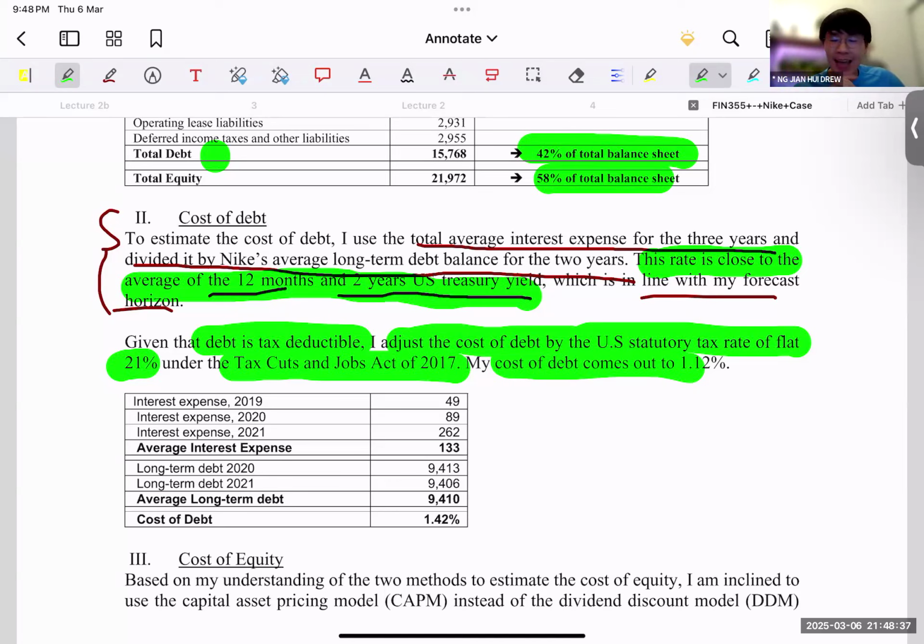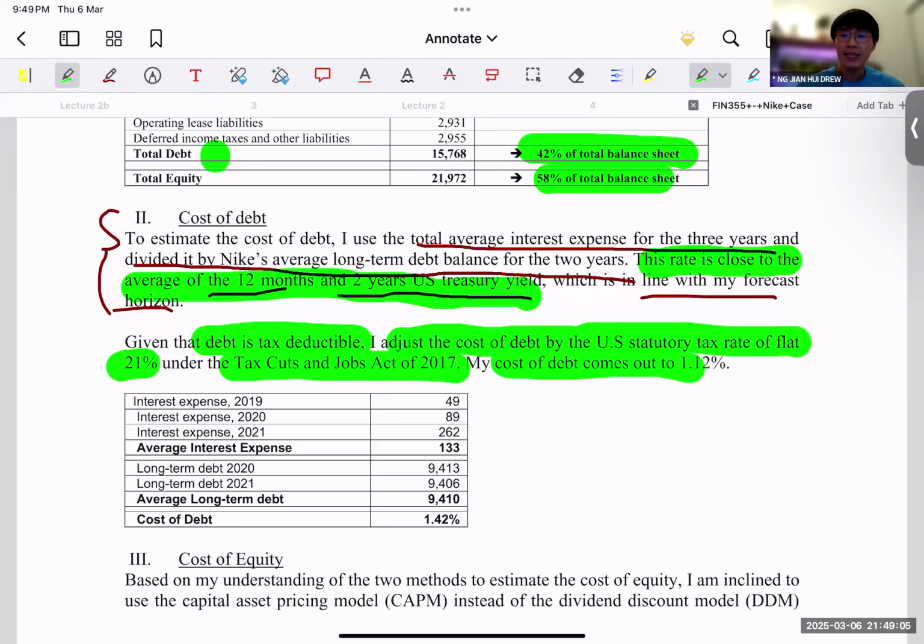So what happened? Anyone know what happened in 2017 in the US? Anyone know in terms of tax? Yes, there's a tax cut in this case.